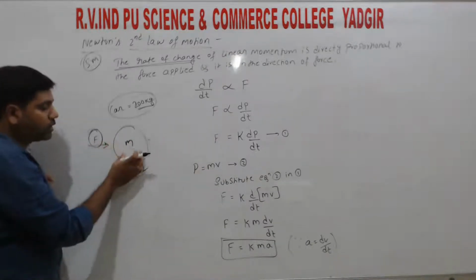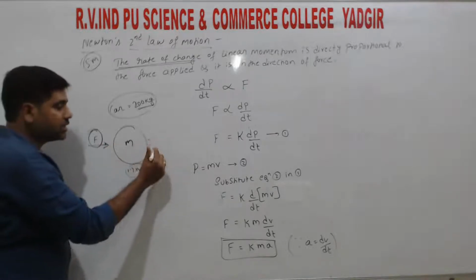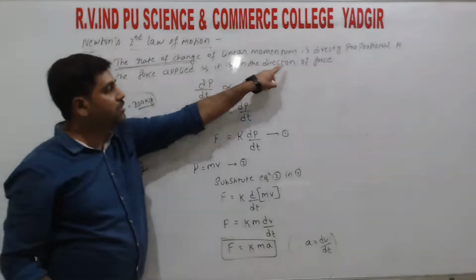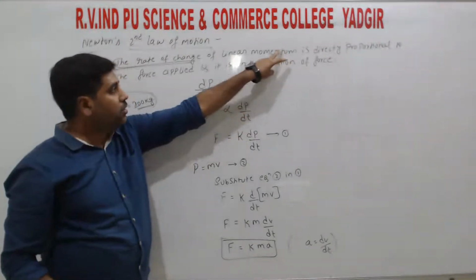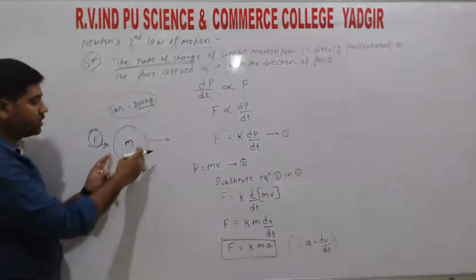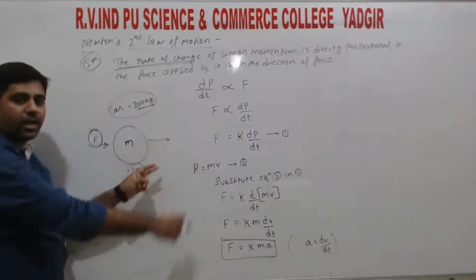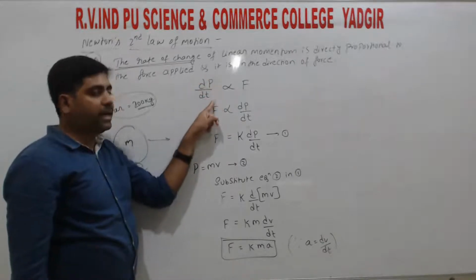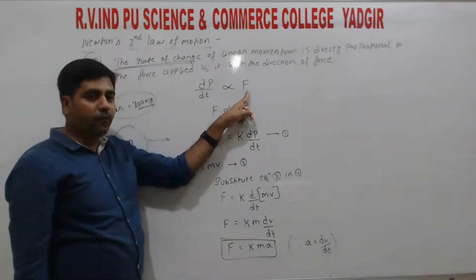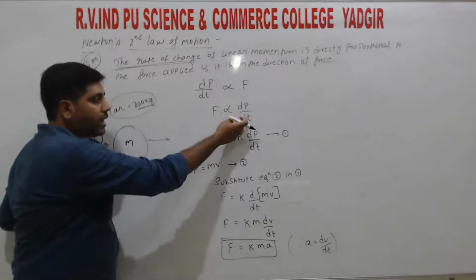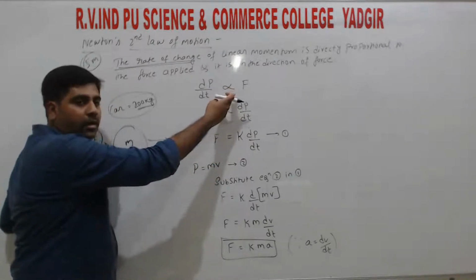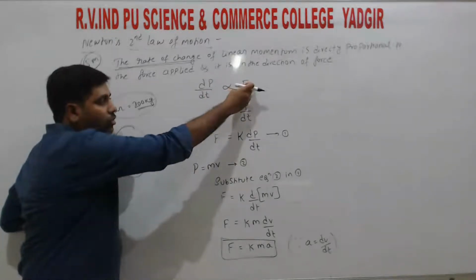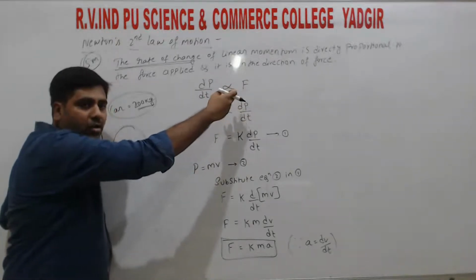So now, if we apply force, momentum changes, and that change is also in the direction of the force, right? In mathematical form we write dp by dt is proportional to the applied force. So now we can write dp by dt is equals to K into F. There also K is a constant, right?